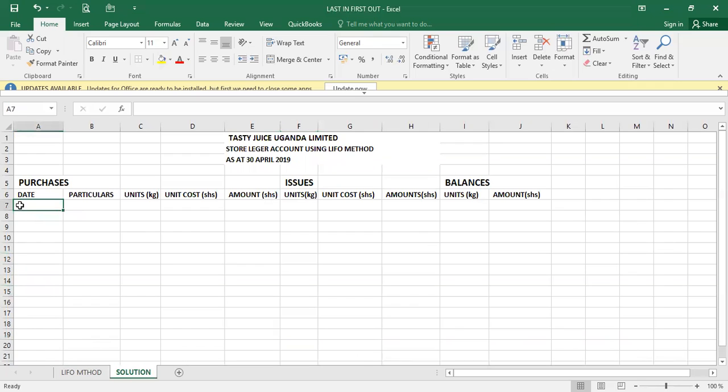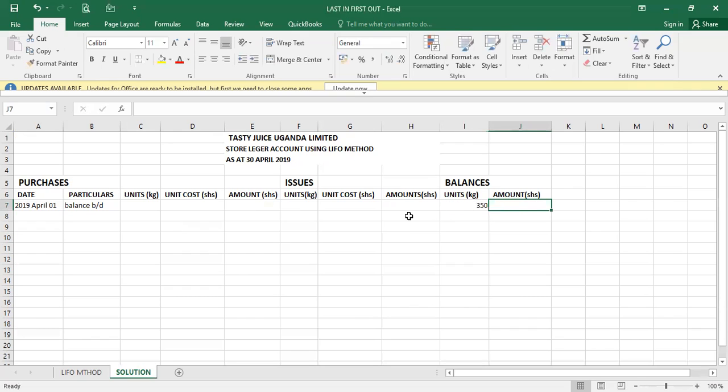We start with the year, because the year is not changing, followed by the month, that is April, then followed by the date, that's first. We are not buying, but these are balances from last month. We can call it balance brought down, and it goes this side. They said it is 350 kgs.